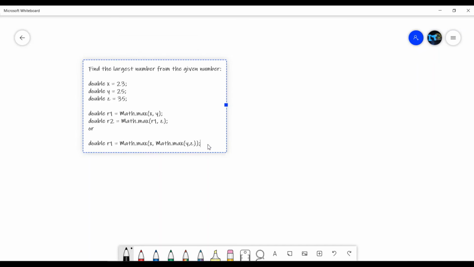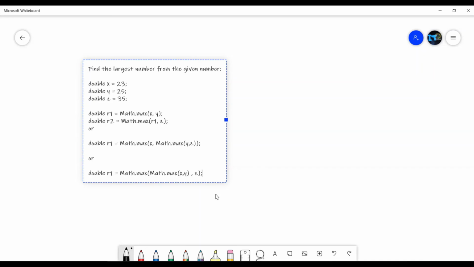If you write another way, that is double r1 is equal to Math.max of, again I am using the Math class, just the position is different. Max of first one is x comma y, then comma z.